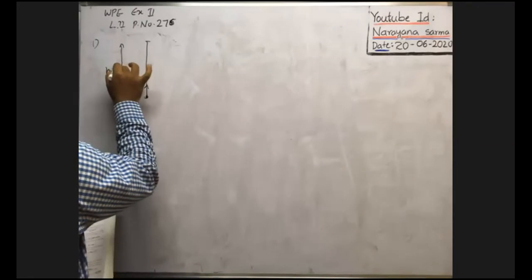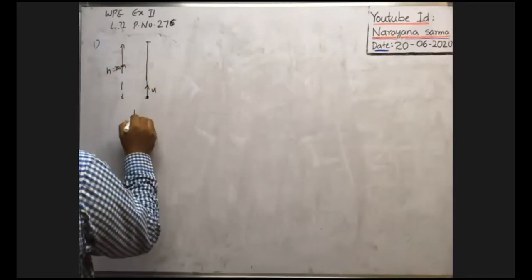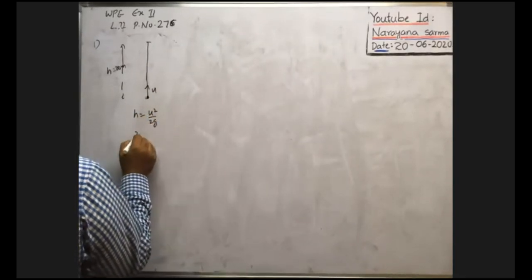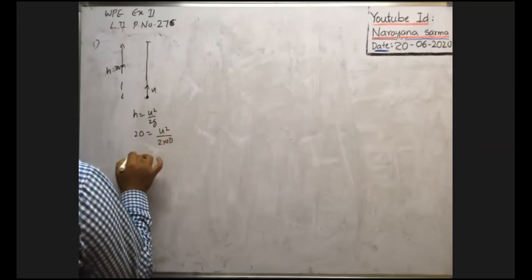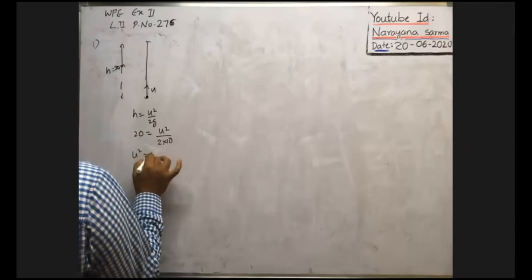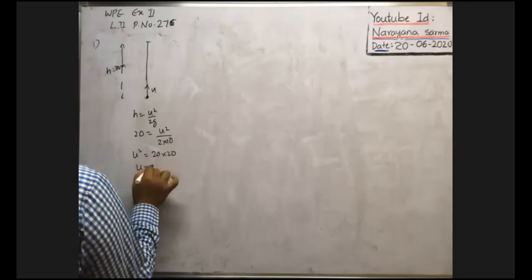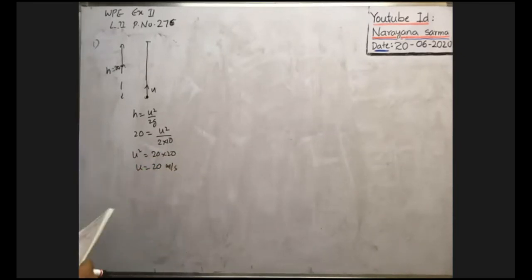From this, with what velocity it is projected, we can find. The maximum height reached is u square by 2g in case of a vertically projected body. So 20 is equal to u square by 2 into g, which is 10. Therefore, u square is equal to 20 into 20, so u is equal to 20 meter per second. That means each ball is projected with a velocity of 20 meter per second.